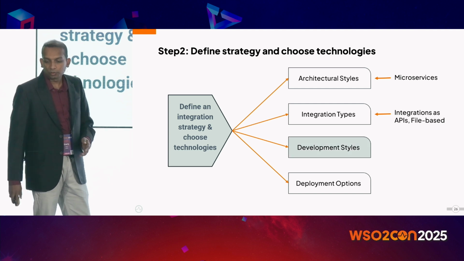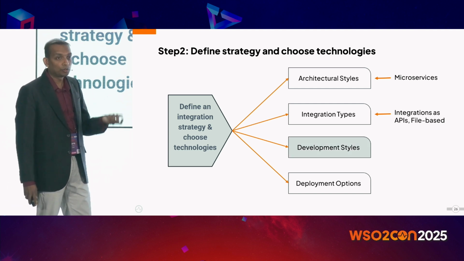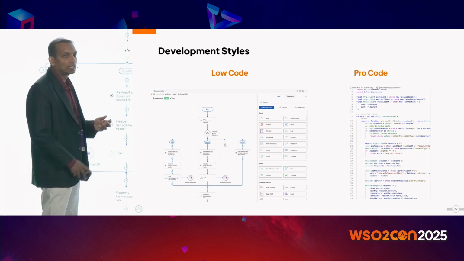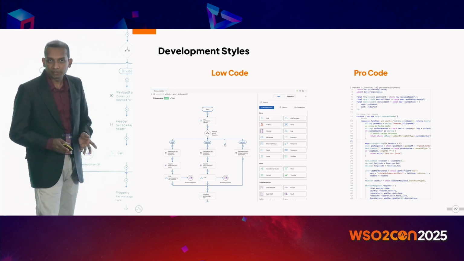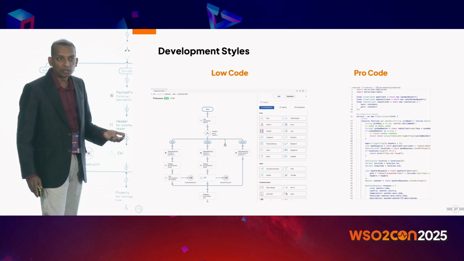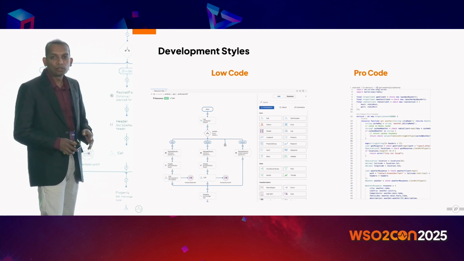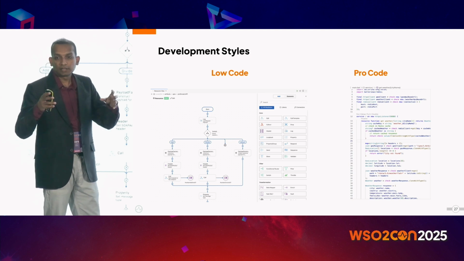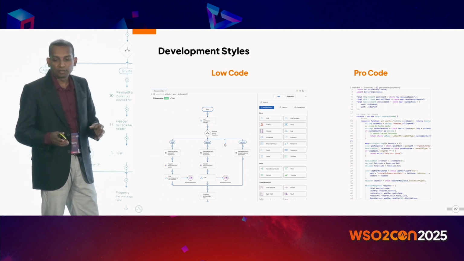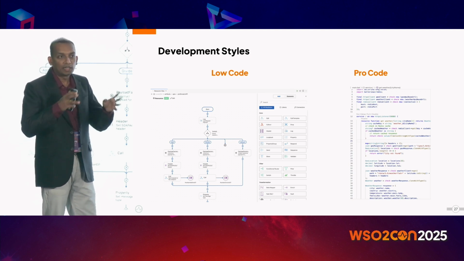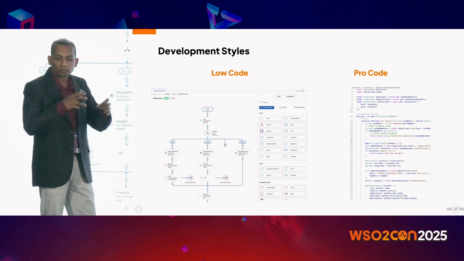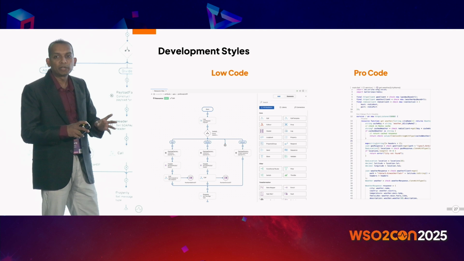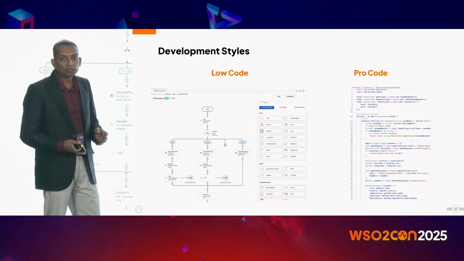So next we need to choose the development style. We can see two main development styles. The first one is the low-code development style. In low-code, you have an integration development environment with a graphical editor where you can drag and drop and wire components together to build an integration.